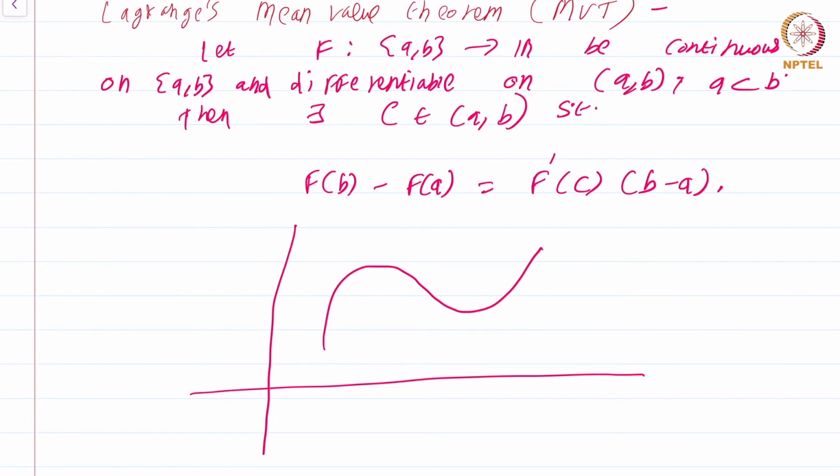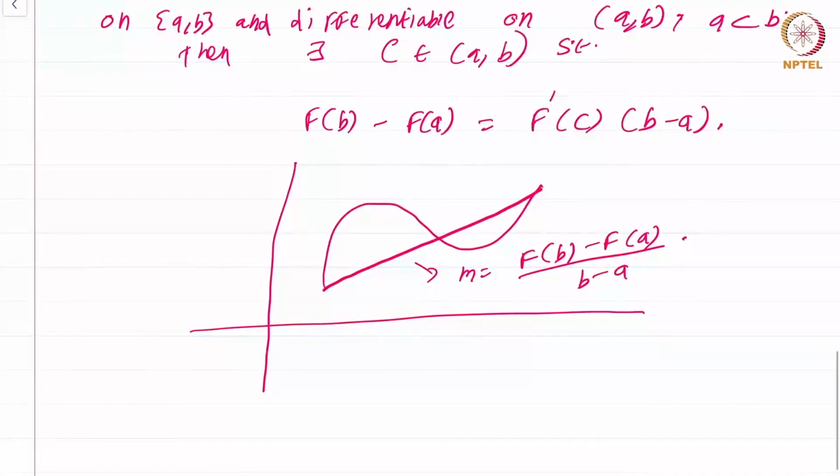So what this is saying is, if you join this, the slope of this line is f of b minus f of a by b minus a. This is from high school analytic geometry. The slope of the line is given by f of b minus f of a by b minus a.